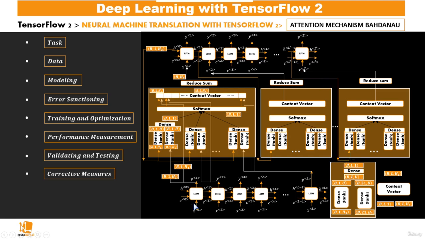We have the keys as we have seen from here, the values passed, and then we have reduce sum, and then we have this. So it's very repetitive. That's this block. Each block is repeated L prime number of times, whereas in each block this is repeated L number of times. But it should be noted that to do the computation programmatically, we are going to combine all of this as one dense layer.